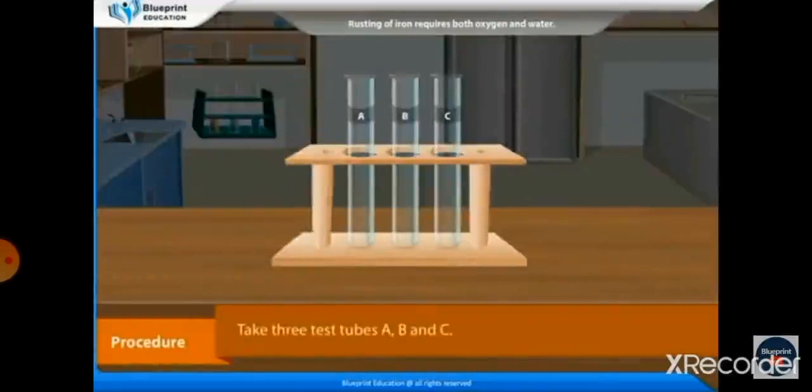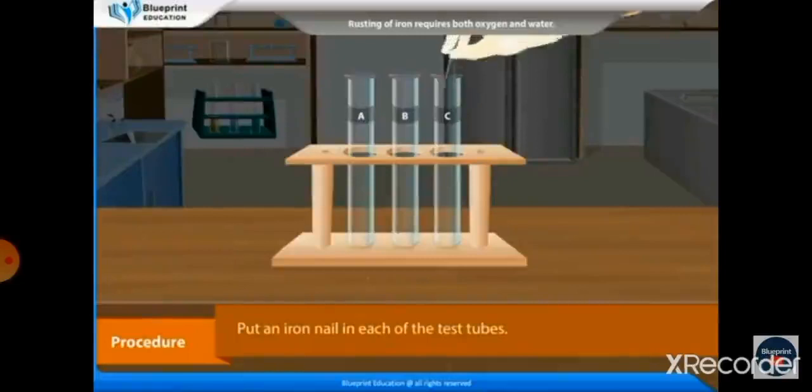Procedure: take 3 test tubes A, B and C. Put an iron nail in each of the test tubes.